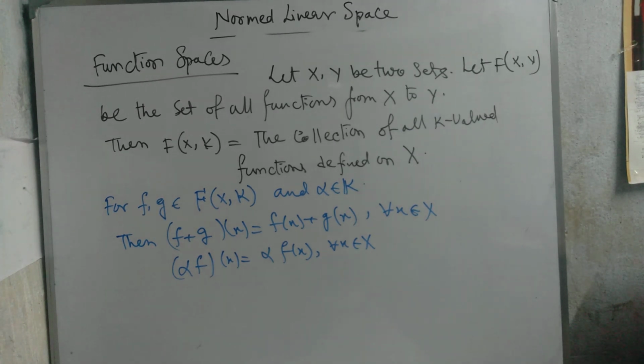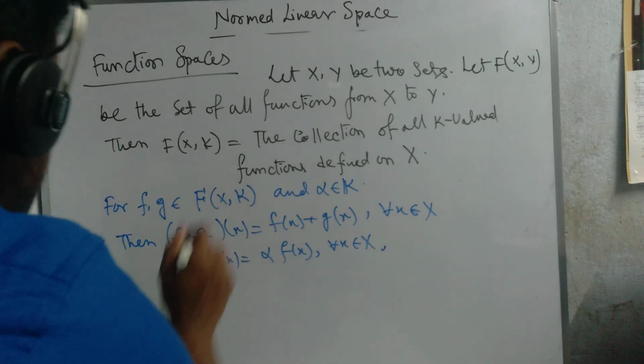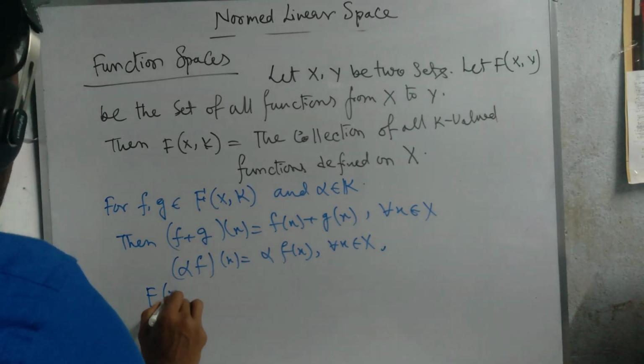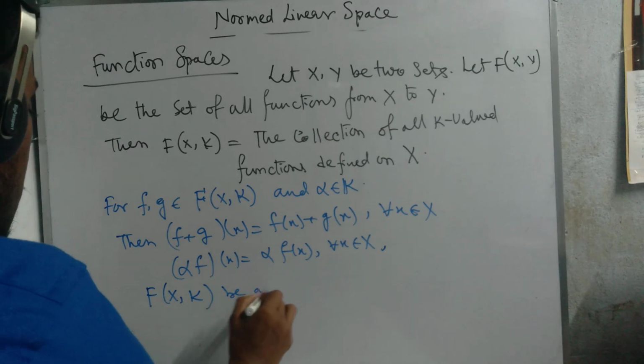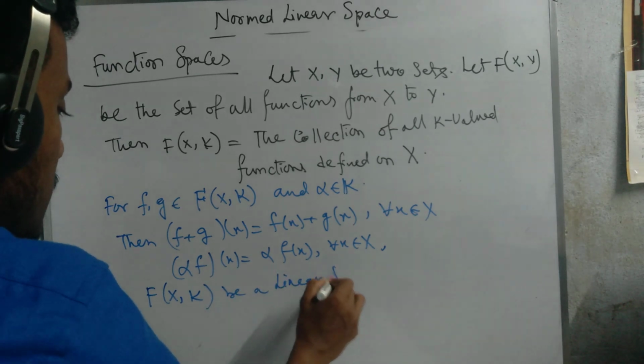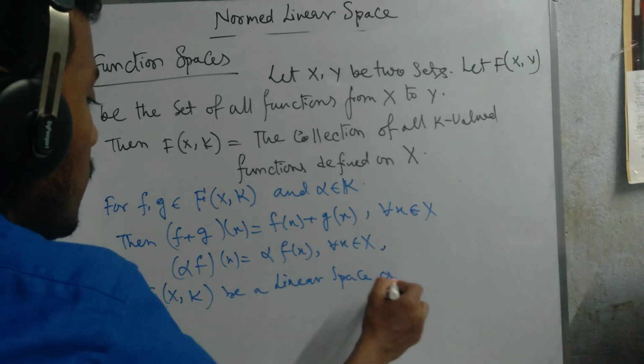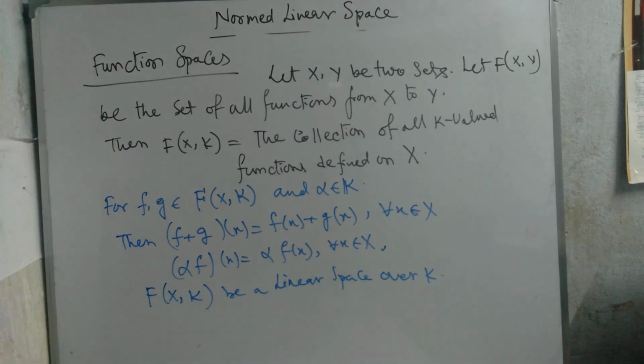Obviously F(X,K) is a linear space over the field K.